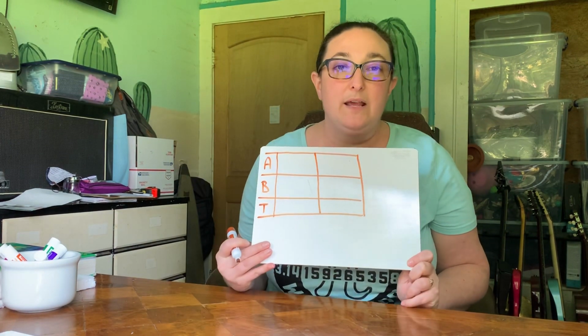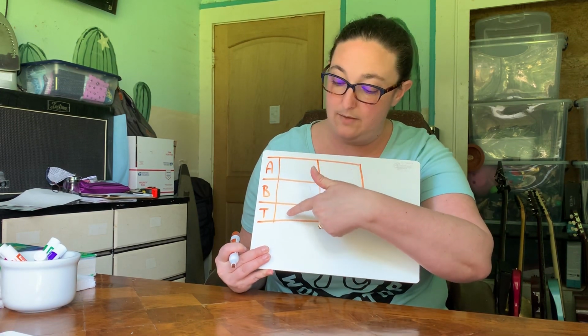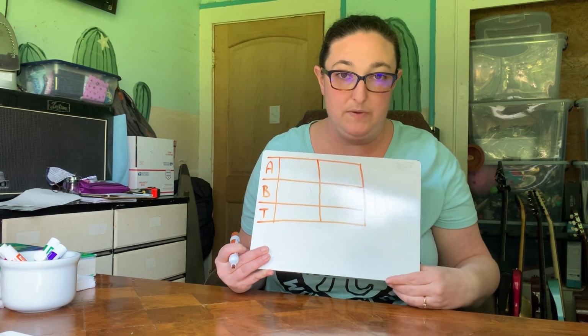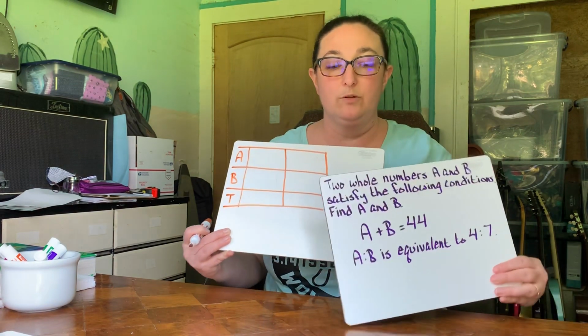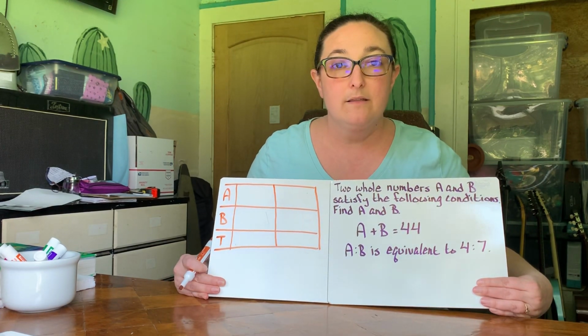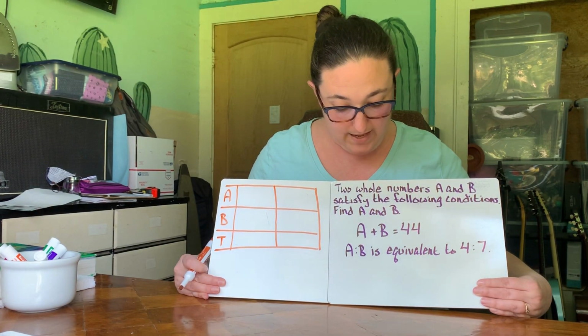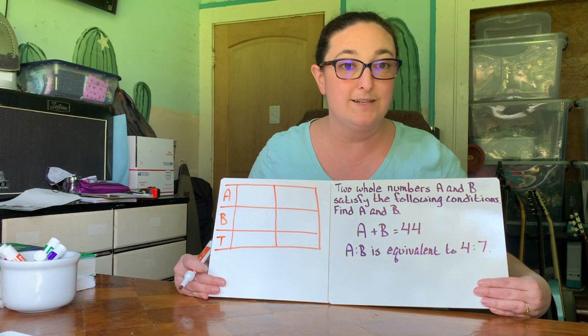So here's my blank table so far. I have A, B, and then the total of A plus B. So if we look at our problem, it tells us that the ratio of A to B is equivalent to the ratio of 4 to 7.